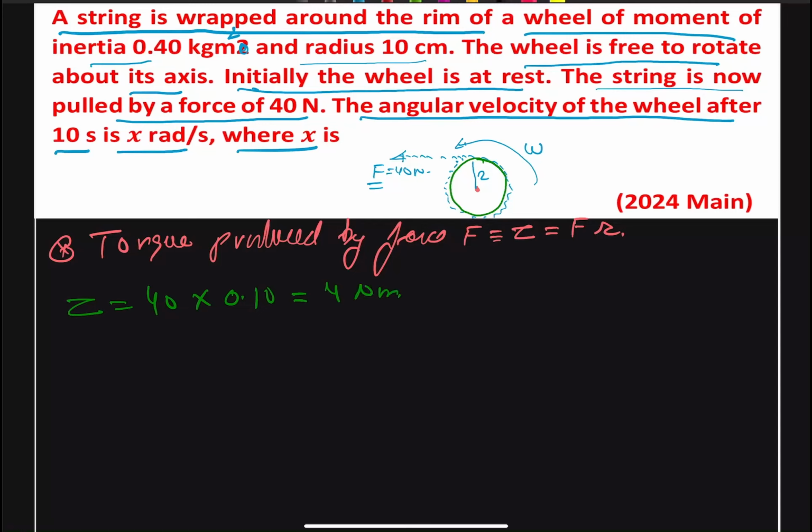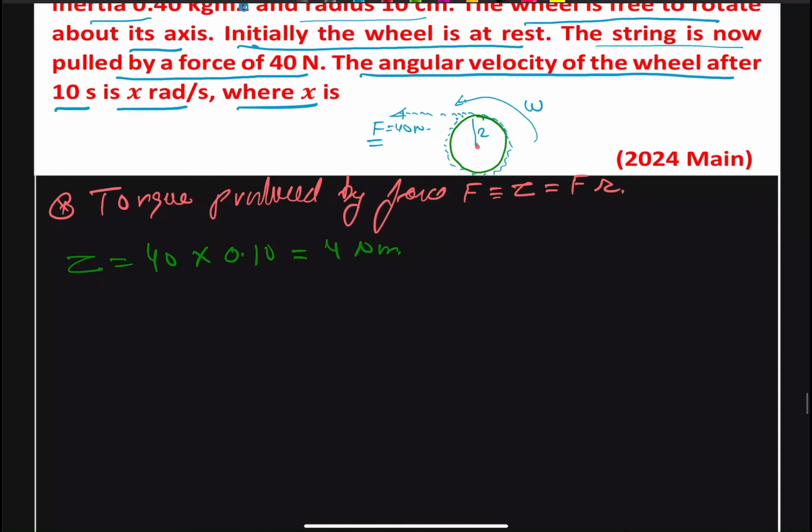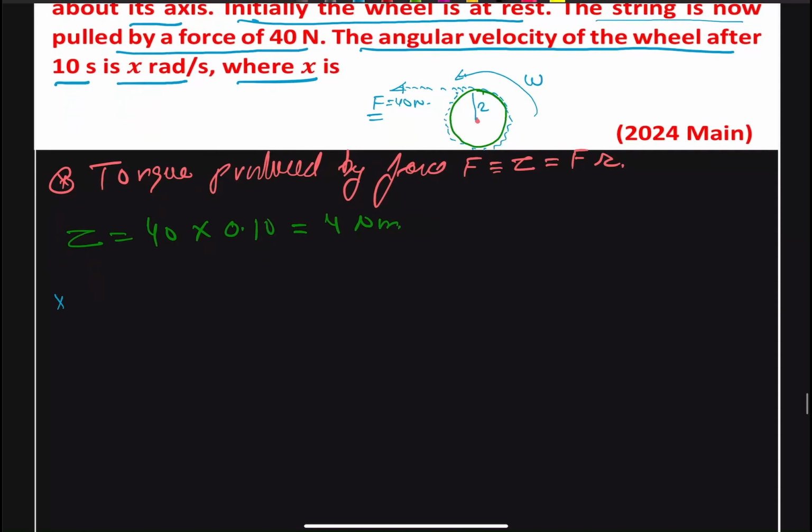And moment of inertia is also given to us, so we can find out the angular acceleration. So we can say angular acceleration, let us suppose that is alpha, and alpha will be equal to torque divided by moment of inertia.